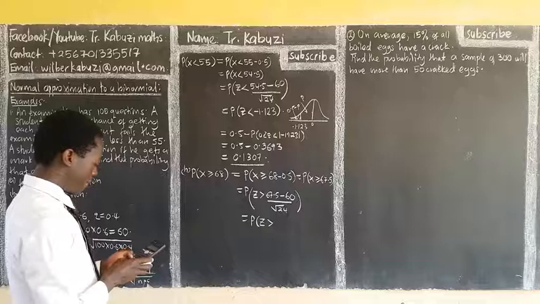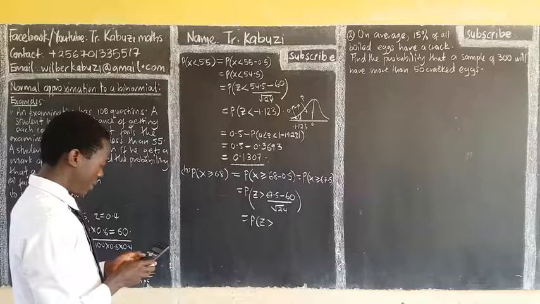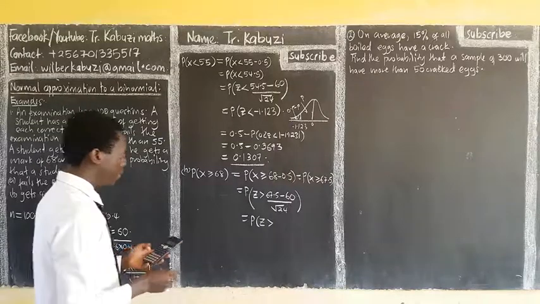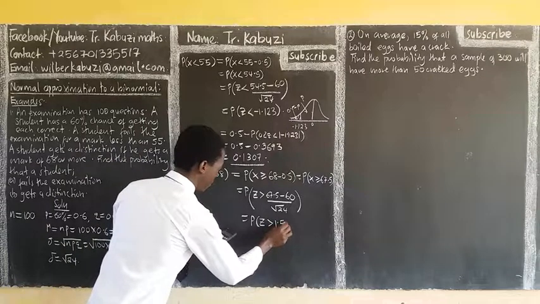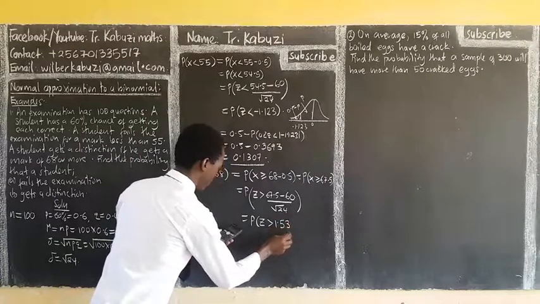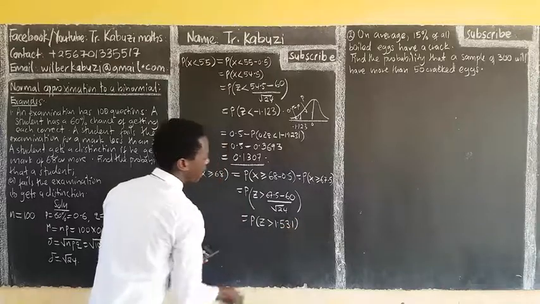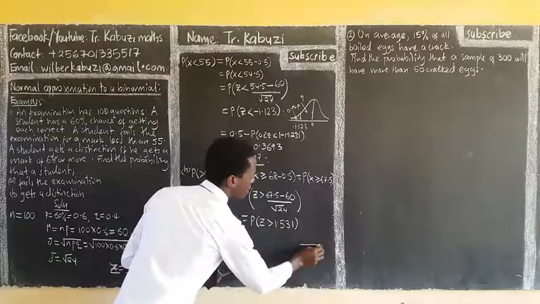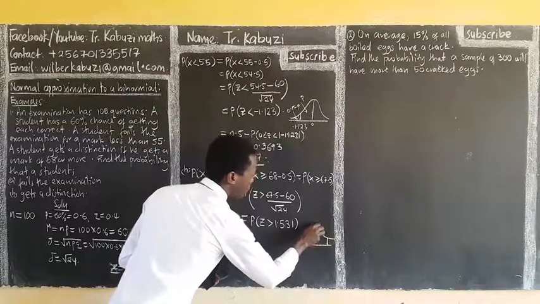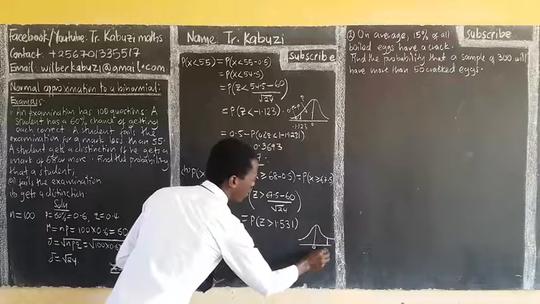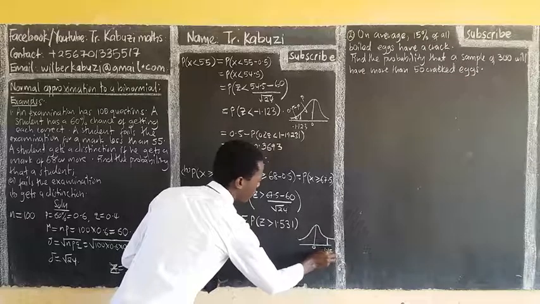Then when we press this, our z is going to be greater than 7.5 divided by root 24, and I'm getting 1.531. And now when you sketch this, this is how your probability will be. This is positive, this is 0, so your 1.531 is here.